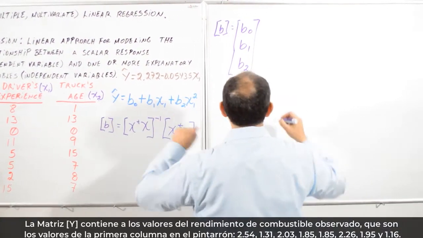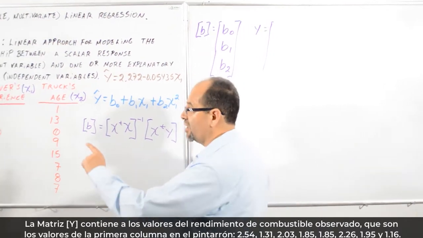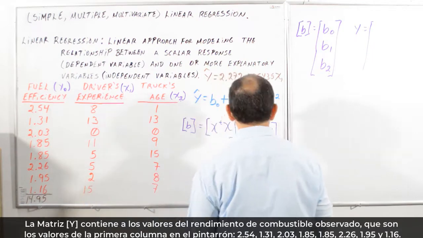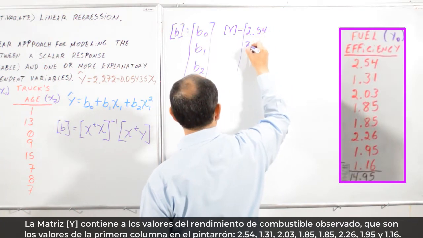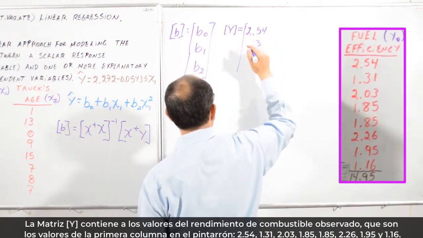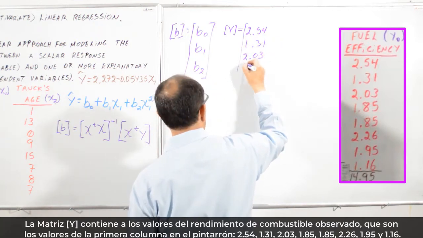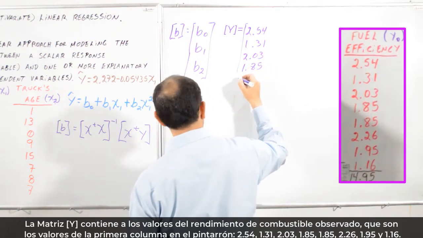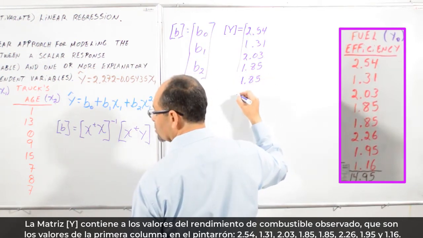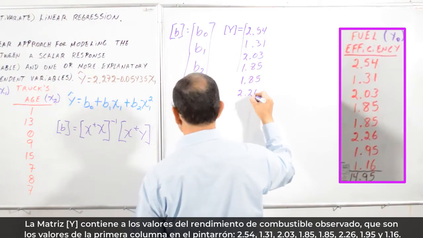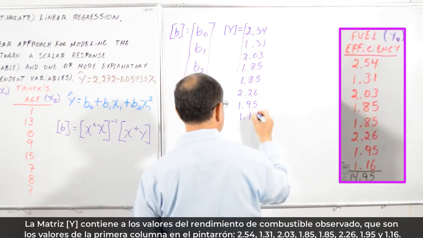Matrix Y is equal to the values of the fuel efficiency, the same that we got on the previous one: 2.54, 1.31, 2.03, 1.85, 1.85, 2.26, 1.95, and 1.16.